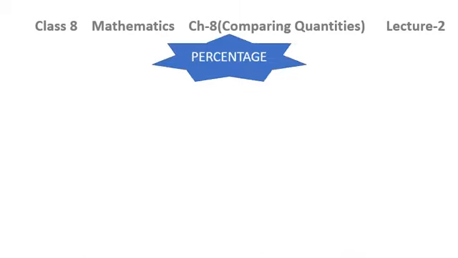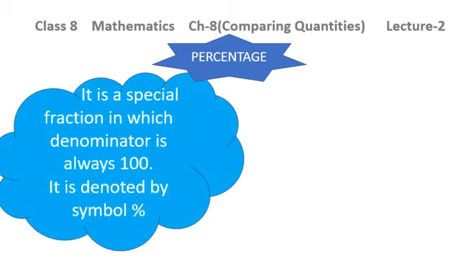Let us revise what we have studied in the previous lecture. We have studied about percentage. What do you mean by a percentage? It is a special fraction in which the denominator is always 100. If I say I need to find the percentage of a number, I mean I need to find the fraction of that particular number.